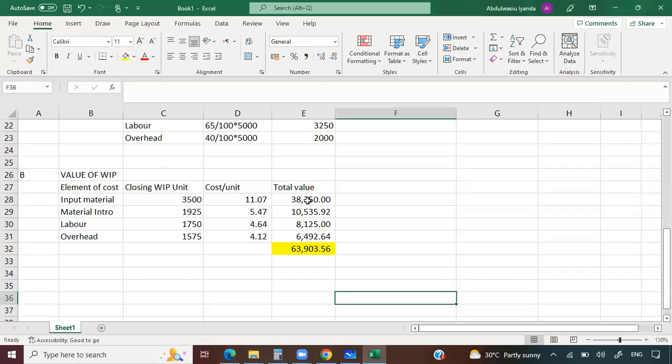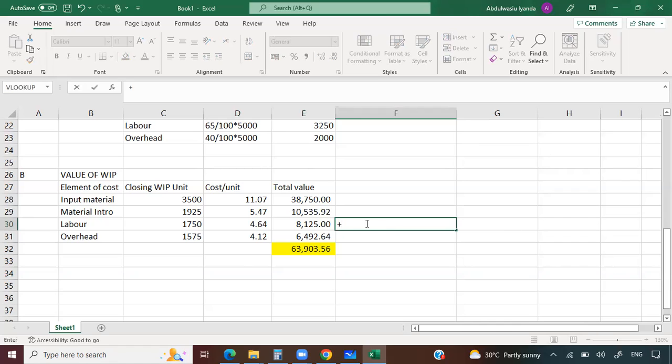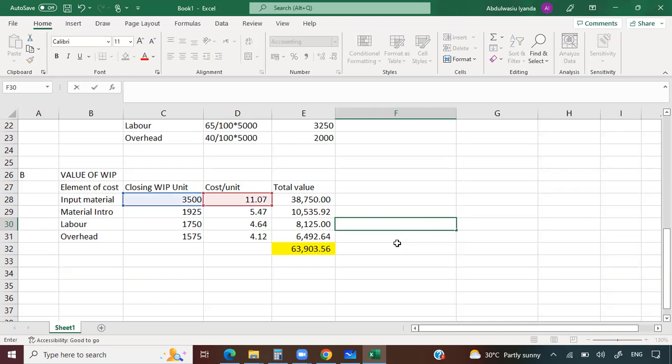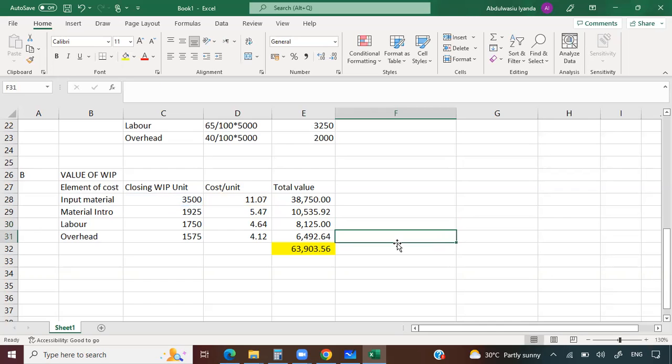What I'm getting is 38,745 and not 38,500. Is it because of the approximation? Yes, 35 times 11.07, I think it's because of approximation. If I say 35 multiplied by this, it's giving me 38. So it will be as a result of that.